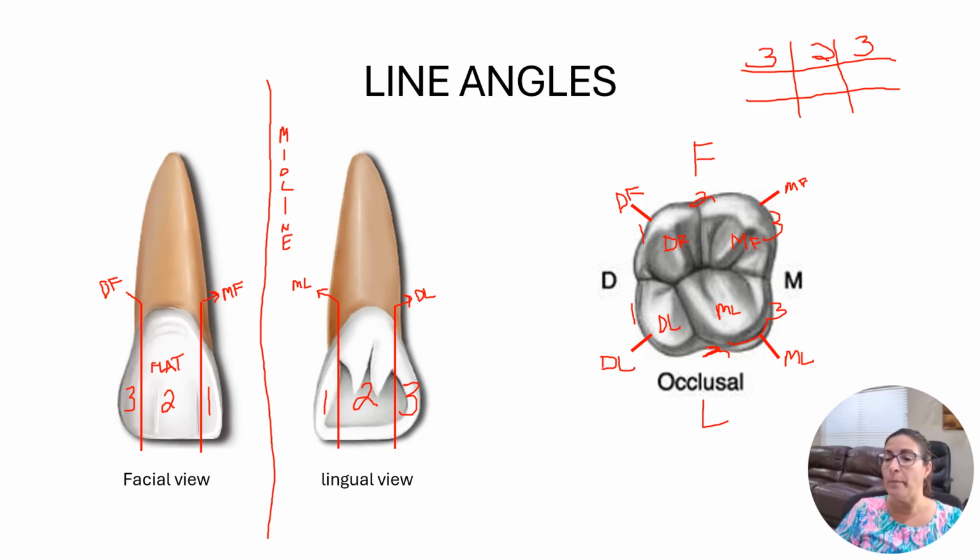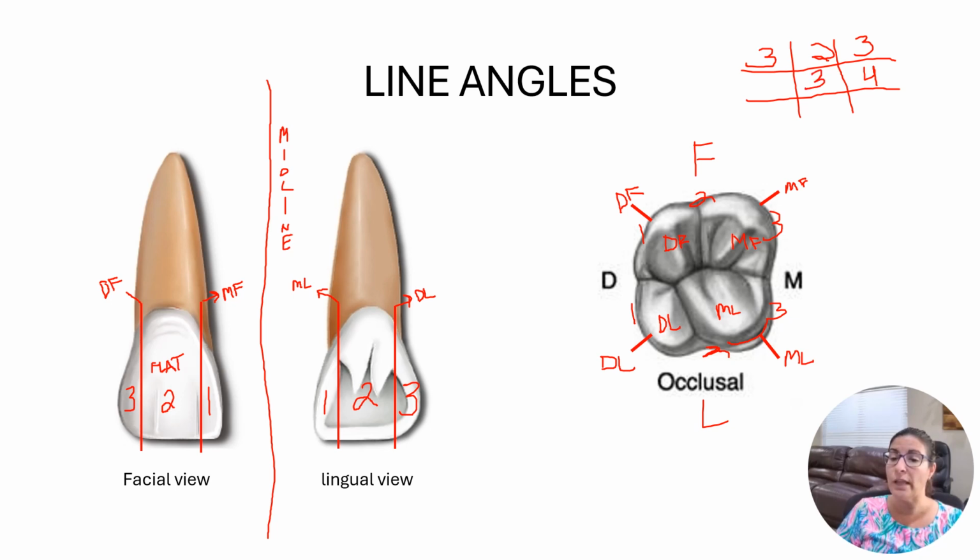Now from the lingual aspect, they can go from the distal or from the mesial. It doesn't matter where you start, as long as you get your three recordings. If we start from the mesial and go all the way to the line angle, we'll say that one was a 4 millimeter pocket. Then we go from the mesial lingual line angle across the flat of the tooth to the distal lingual line angle, and we'll say we got a 3 there.